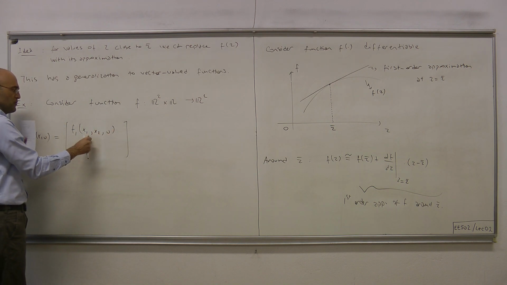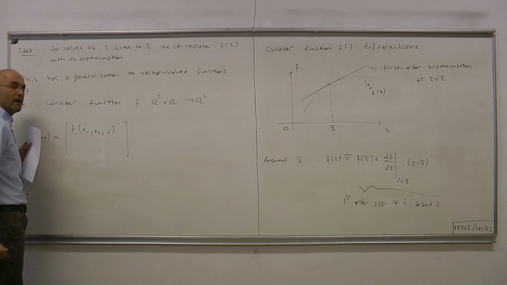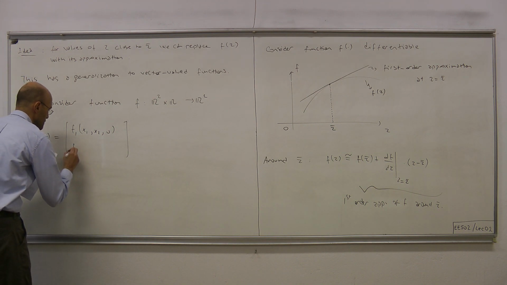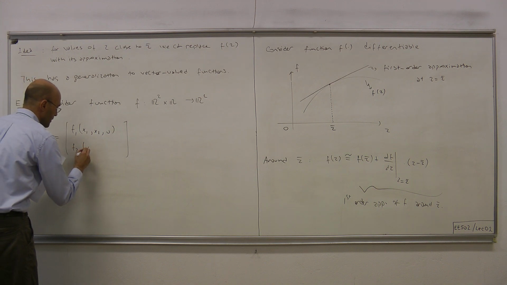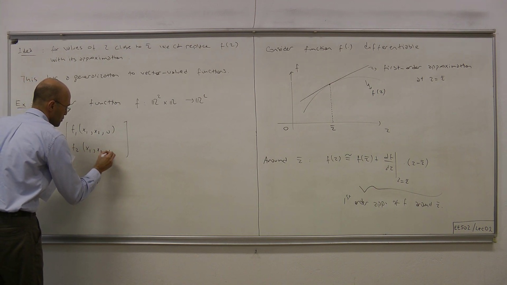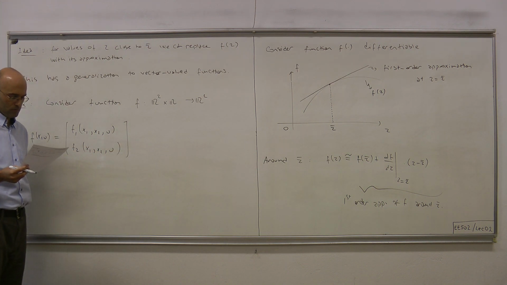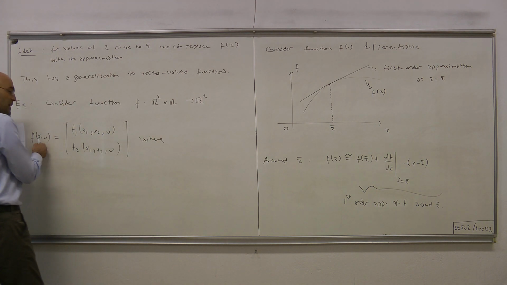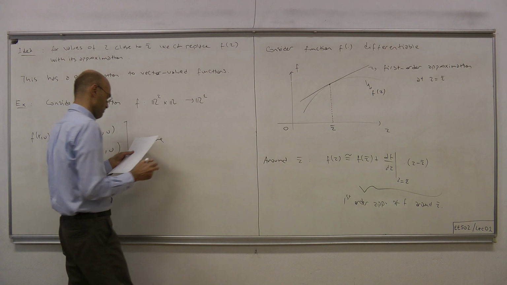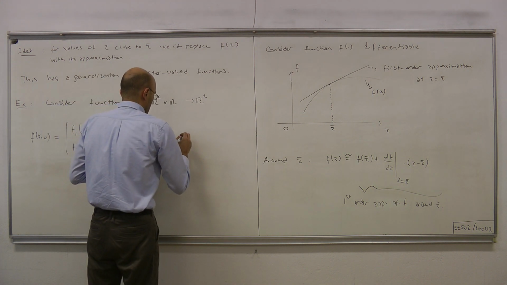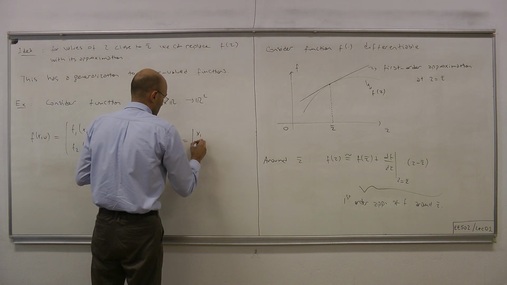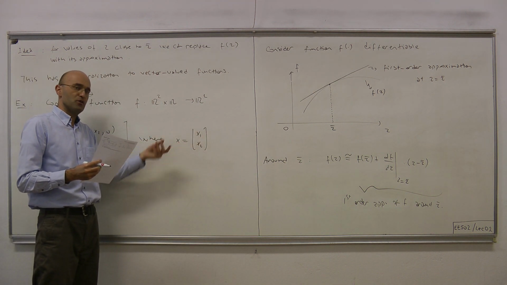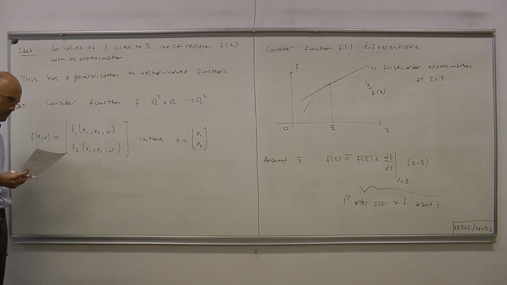So this first entry is a function of three variables, x1, x2, and u, three scalar variables. And similarly for the second entry, x1, x2, u. Okay, where x1, x2 are entries of that vector x.